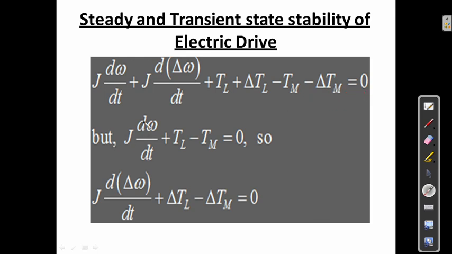But here J d omega by dt plus TL minus Tm equal to 0, so this term and this term become 0. So the above equation becomes J d delta omega by dt plus delta TL minus delta Tm equal to 0.